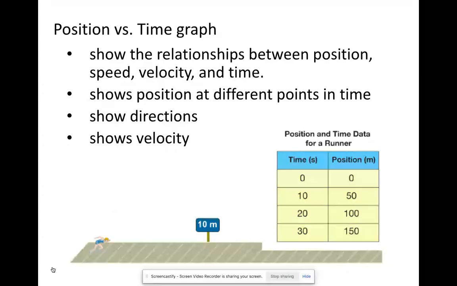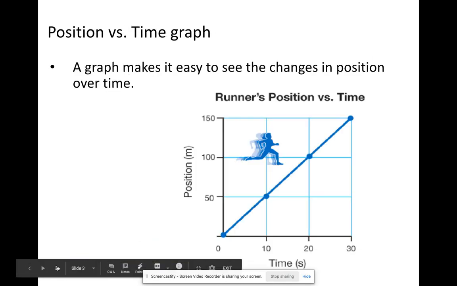So what can it show us? It can show us the position at various times in a runner's race. It can show us the direction that the runner is in, and it also can tell us the velocity that the runner is going in. So let's actually look at that data set in a position time graph.